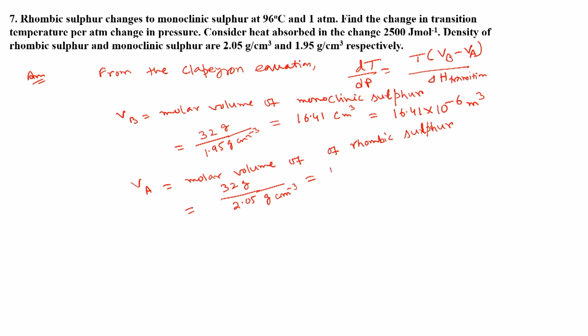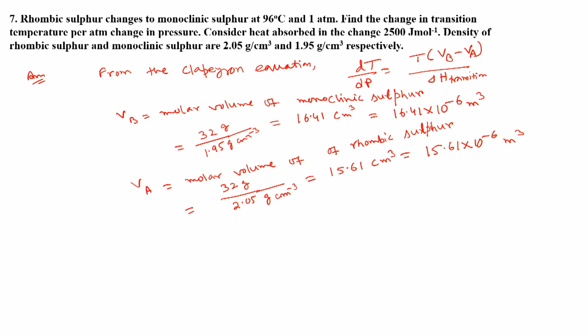So, if we calculate, we get 15.61 centimeter cube, we get 15.61 times 10 to the minus 6 meter cube. So, it says rhombic sulfur to monoclinic sulfur, okay. So, the final state is monoclinic, the initial is rhombic sulfur, okay. So, that is why Vb minus Va. That is why we consider B as monoclinic and A as rhombic sulfur, okay.